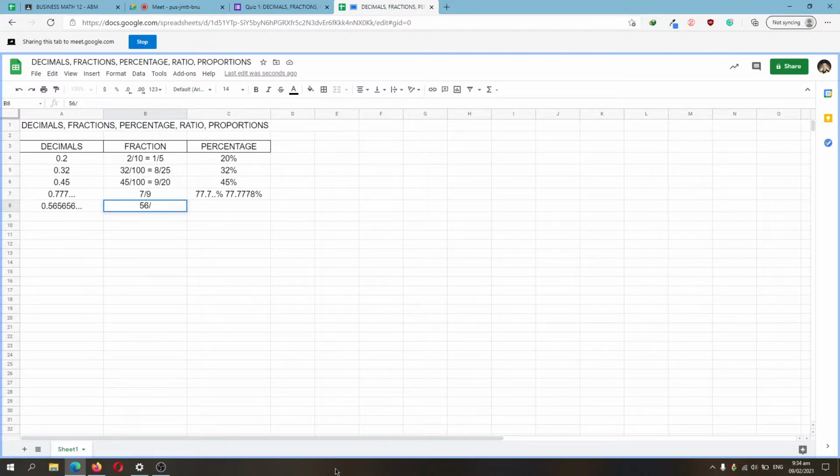So, para makuha natin, ang decimal place natin ay tenths. Tapos, i-minus natin ng 1. Yan. So, para ma-imagine nyo rin ito.